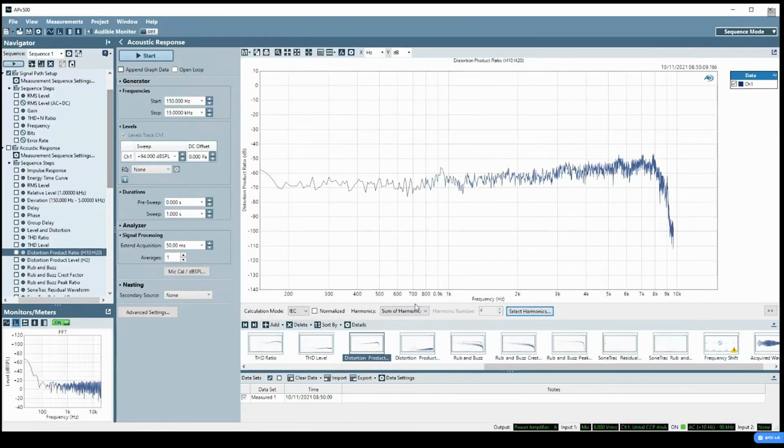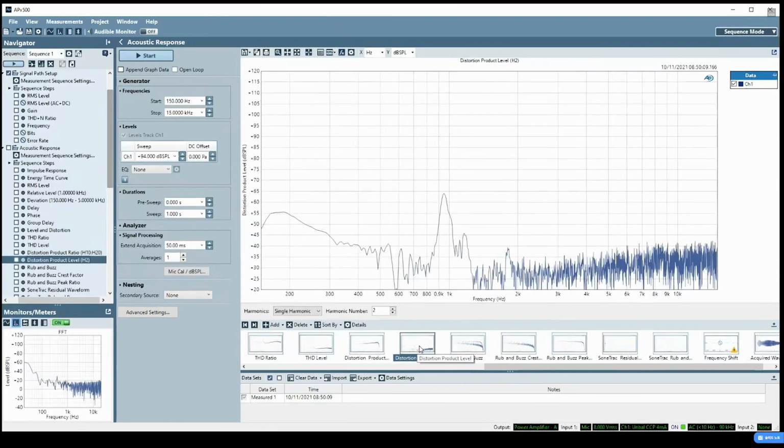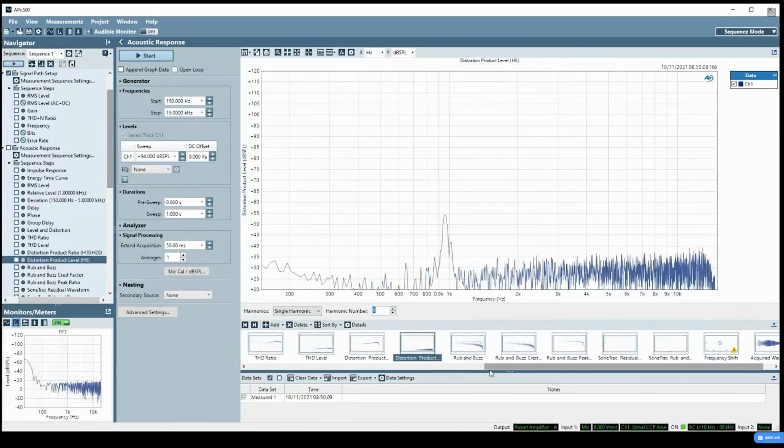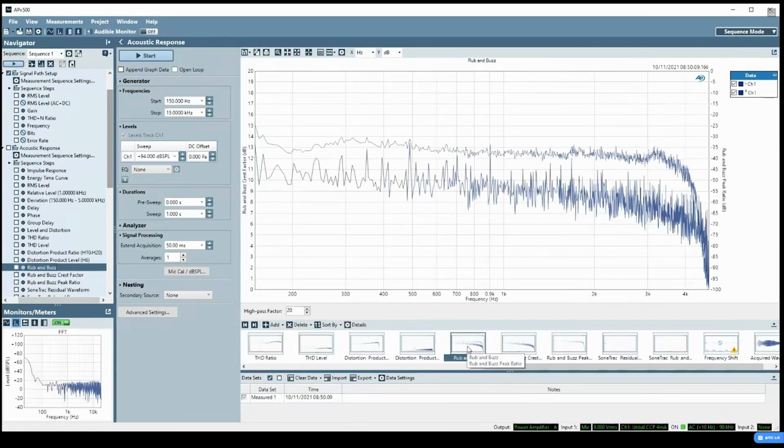This is a similar method to how the high order harmonics would work for a log chirp. Also get our distortion product level with similar results, but expressed as a level.